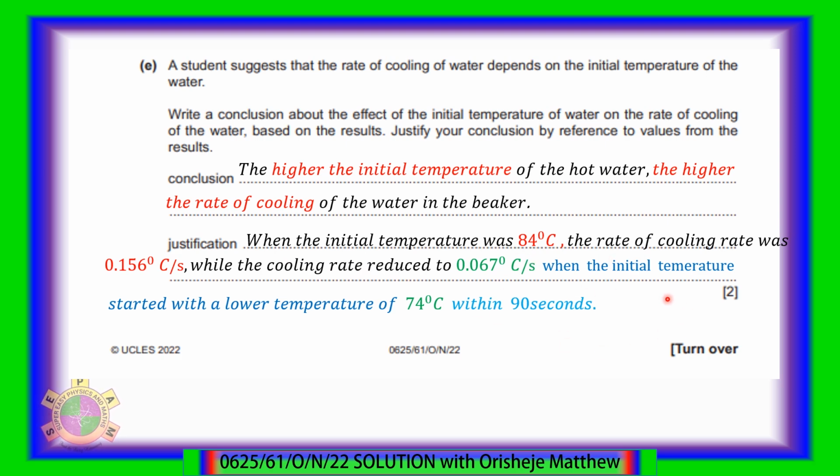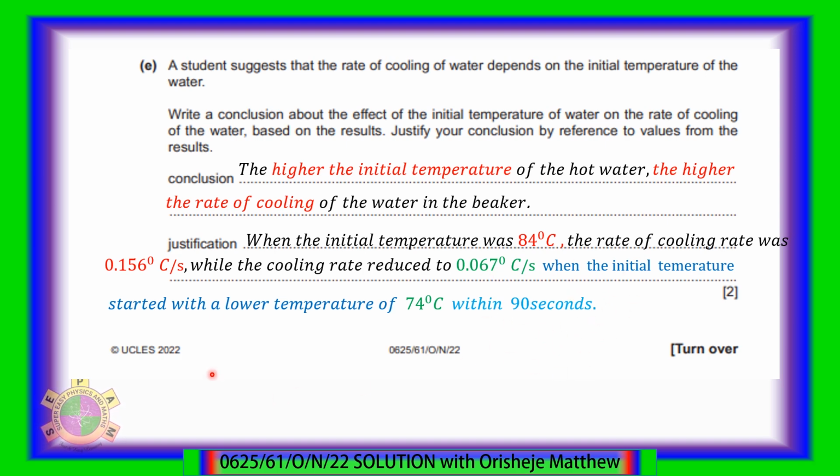You see in this question, the examiner decided to use 180 seconds and 90 seconds. They are trying to confuse you so that you cannot take note of the timing. But if you are comparing experimental data, you should use the same range, the same standard value. So I'm using the same duration of time, 90 seconds.